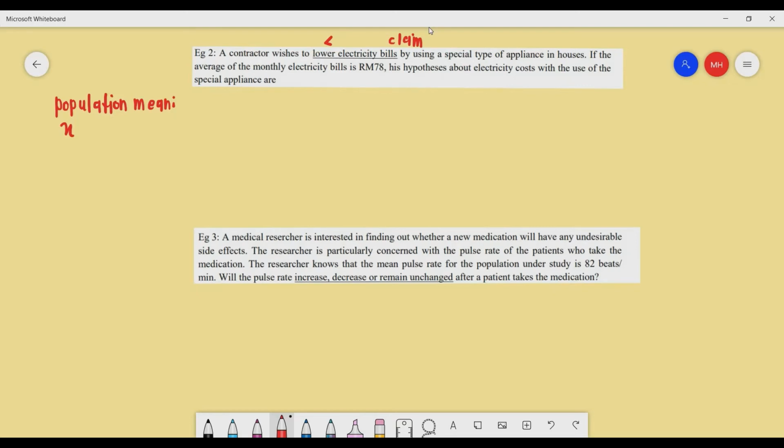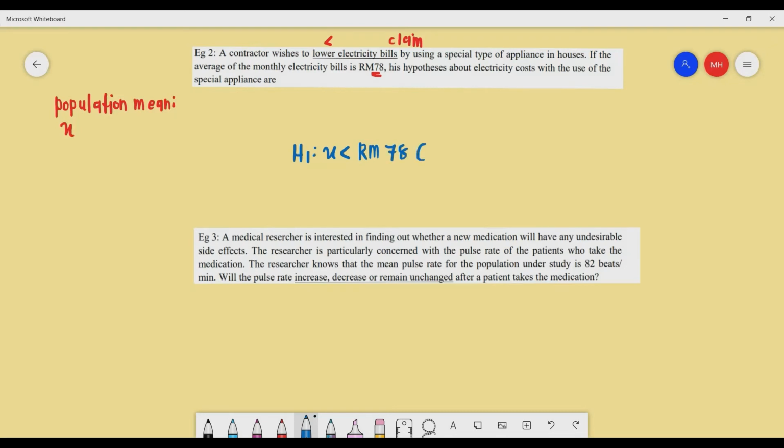So, claim hypothesis. If the average of the monthly electricity bill is 78 ringgit, this one is the average of the bill. His hypotheses about electricity cost with the use of the special appliance are, so we start with the claim, okay? H1, mu, to lower, less than RM 78.